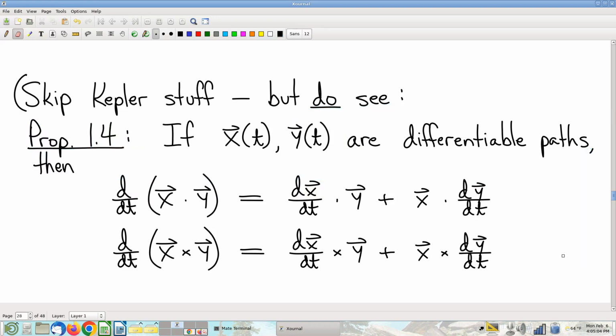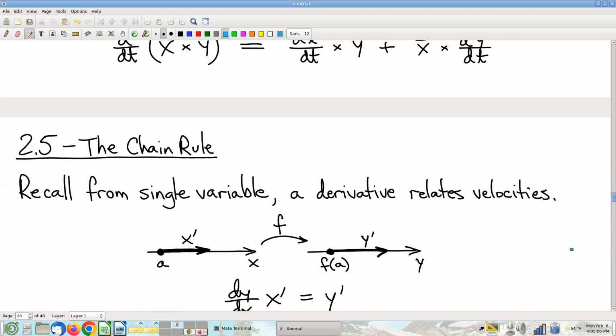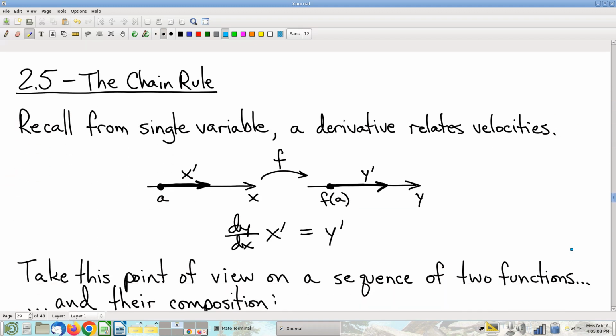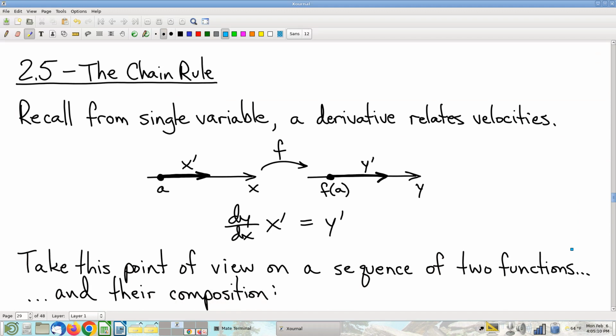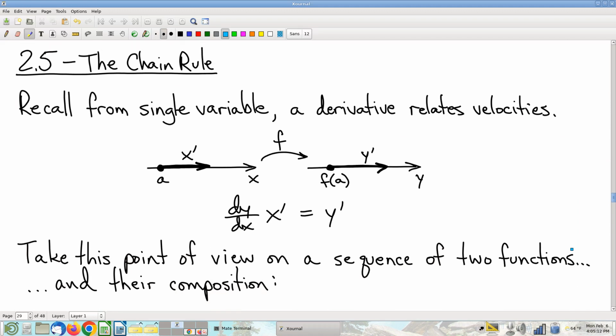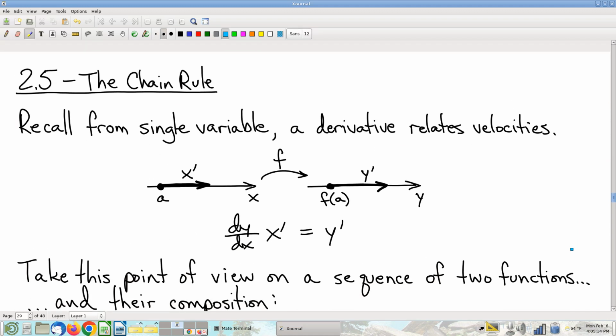Alrighty. So that was our little jaunt into Chapter 3. We're now going to jump back down to Section 2.5. It gives me the tool that I really wanted, namely I wanted to be able to view single variable derivatives as velocities. And so here we go. Reminder from single variable calculus.